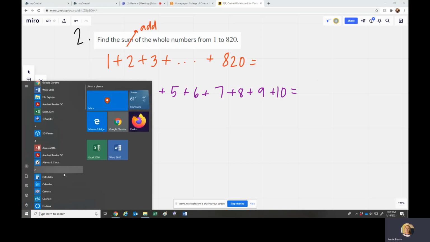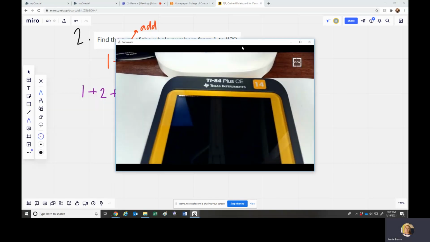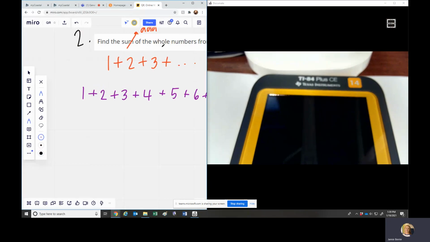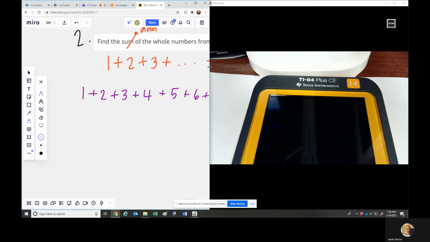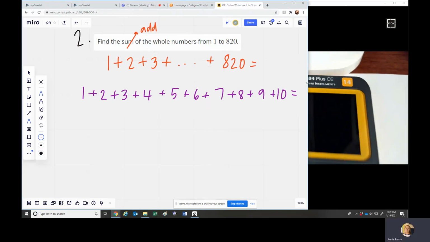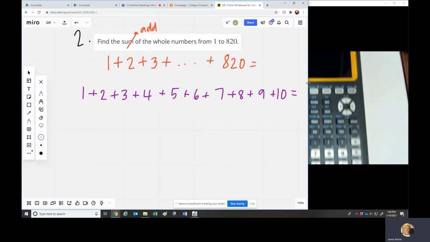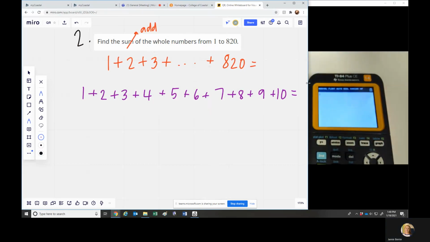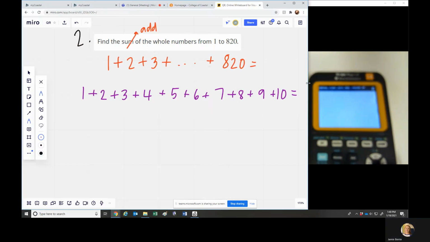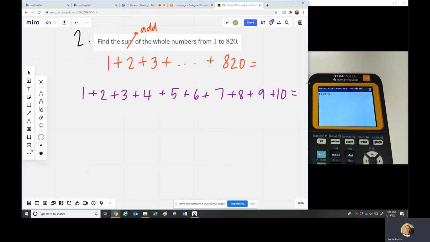Let me pull up my calculator. Sorry, I had not adjusted my camera before we started. Let me focus that. Okay, 1 plus 2 plus 3 plus 4 all the way to 10.